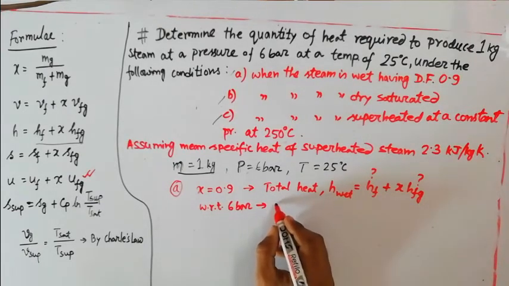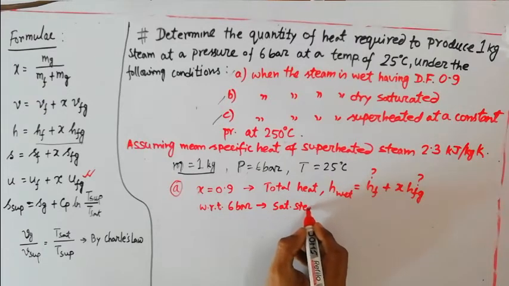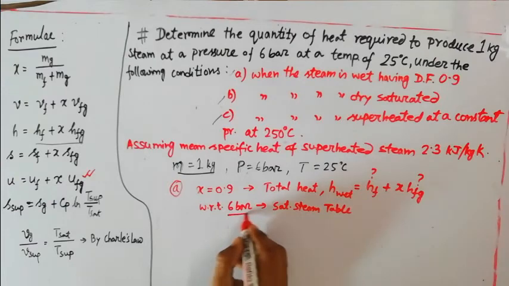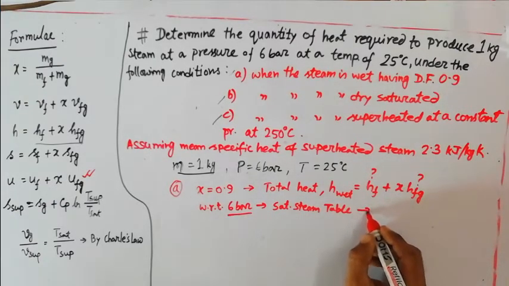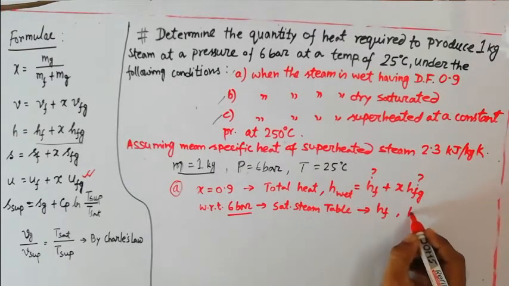Find the steam table, or saturated steam table, with respect to pressure, that means you have to go with the pressure table, and from there find the value of Hf and the value of Hg.